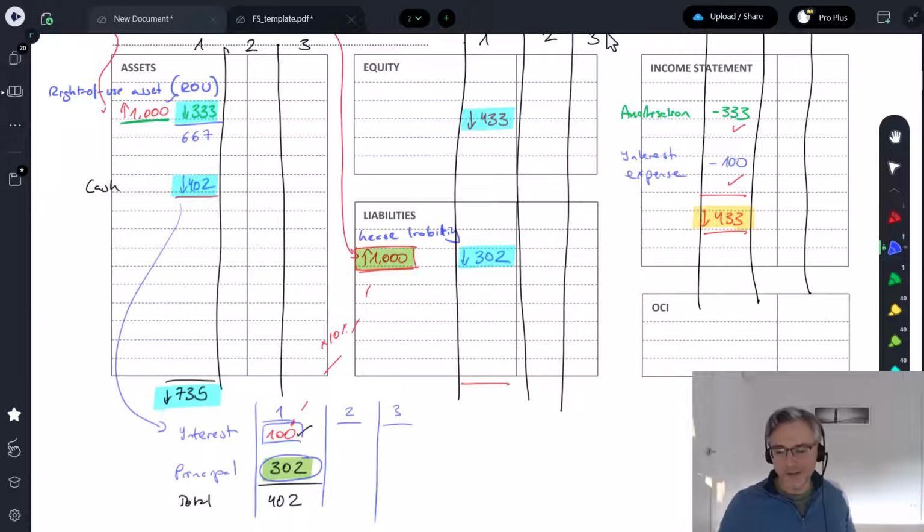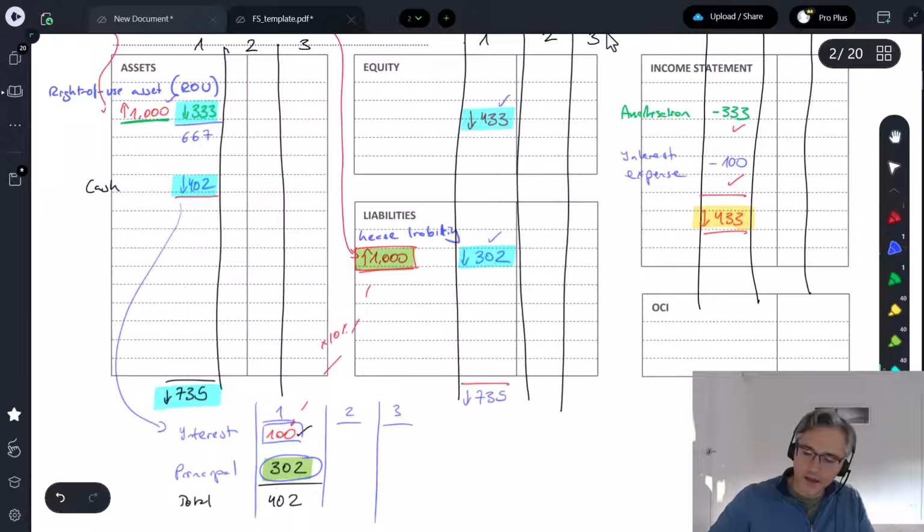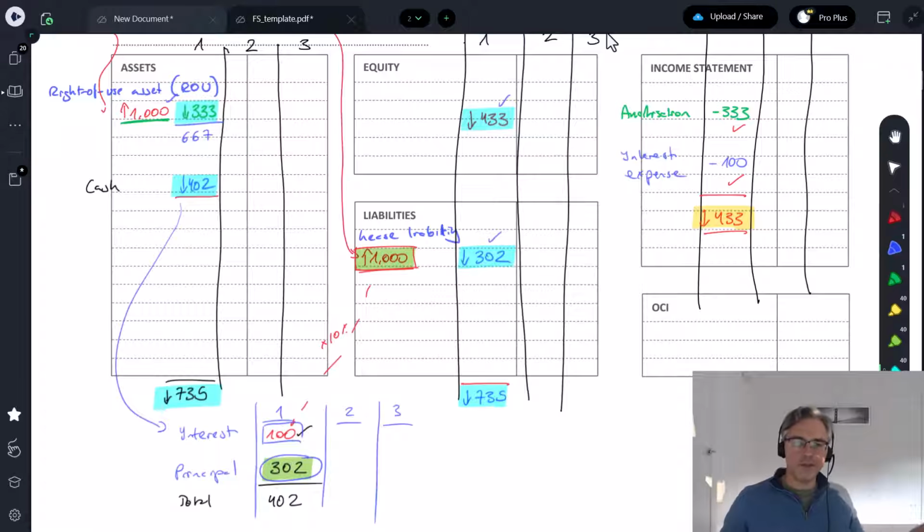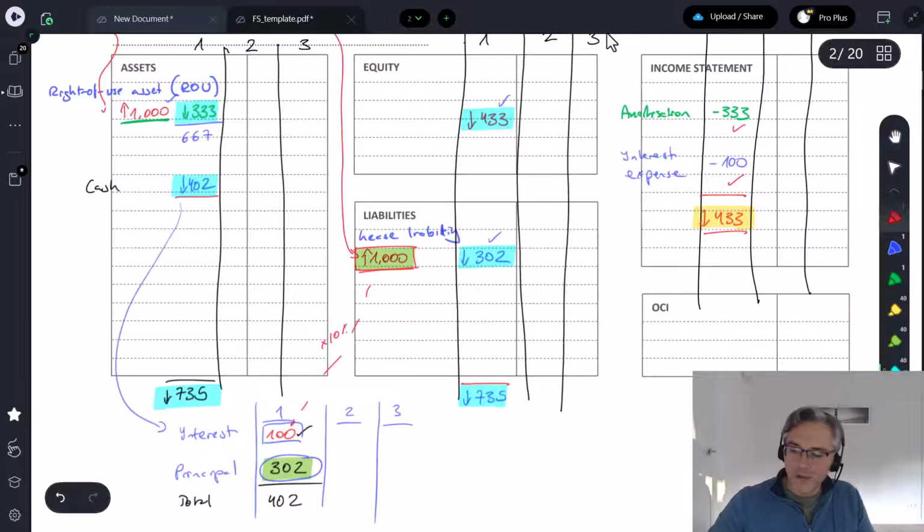But that's how the accounting goes, as if it was the repayment of a loan. And these two things combined, 433 and 302, give 735 as well. Unfortunately, what we did on one side of the balance sheet matches with what we do on the other, so brilliant. Now, year 2.